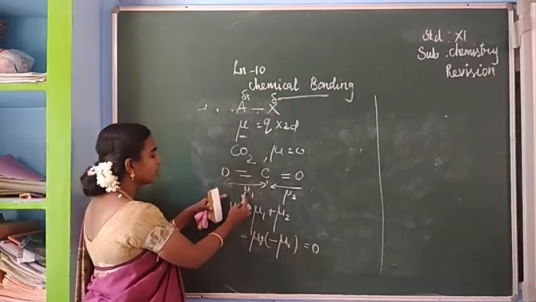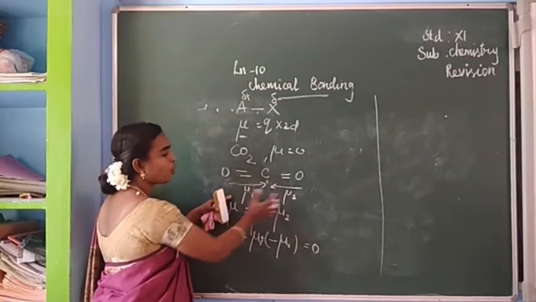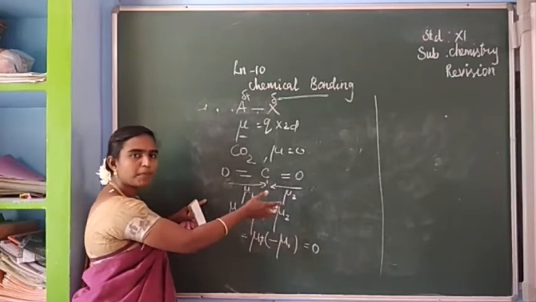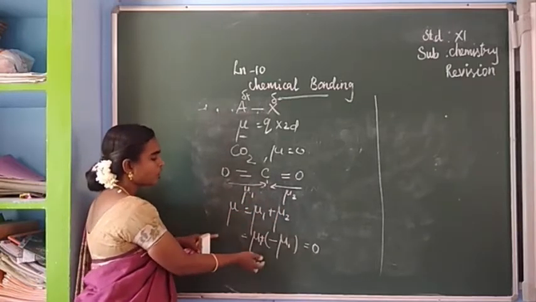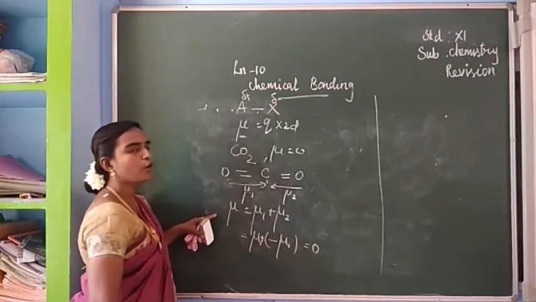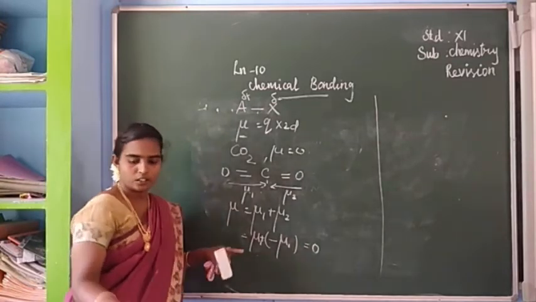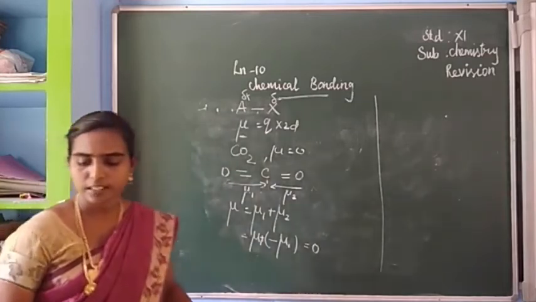So mu1 and mu2 are dipole moments of the same magnitude but different direction. Finally, the dipole moment of the carbon dioxide molecule is 0. Clear? Next we can see the next question.